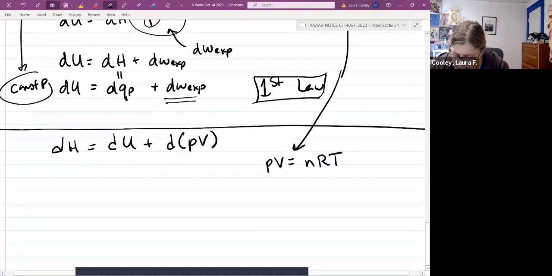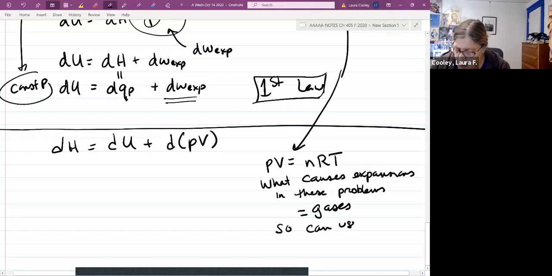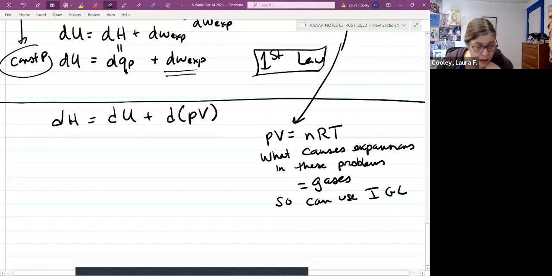So basically what causes these expansions in these problems is gases, so we can use the ideal gas law. All right, so this becomes dU plus d(nRT).